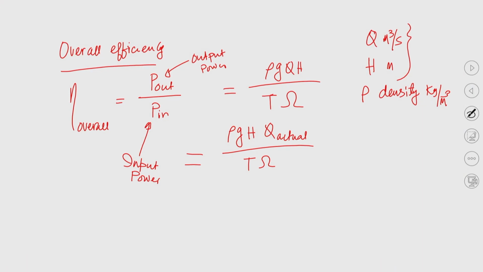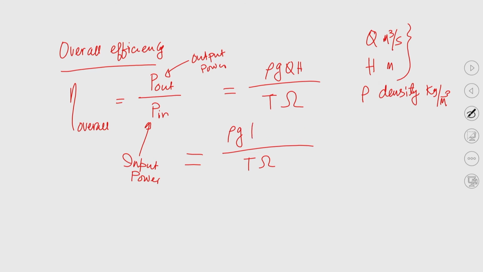Now, can we write this in a bit different form? If we write it in a different form, it will help us identify that this loss can be written in terms of the other efficiencies. So again this is actual, so let me write it.